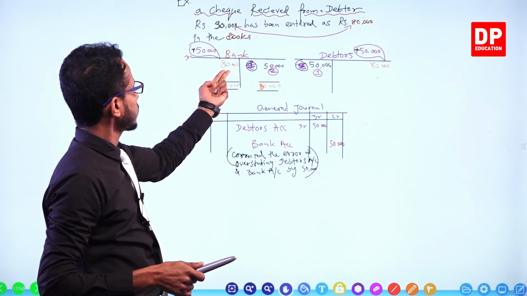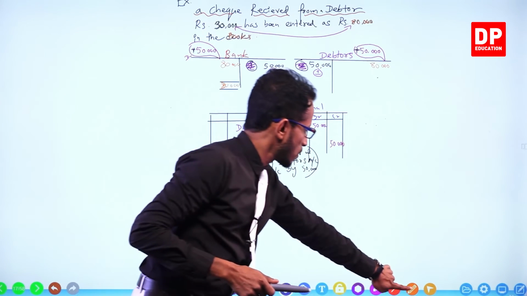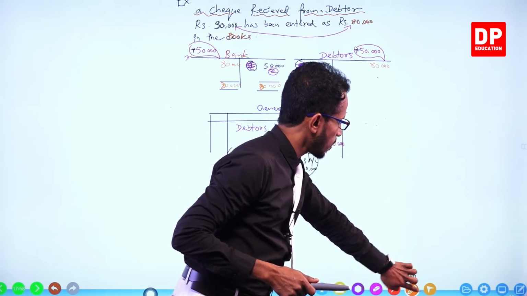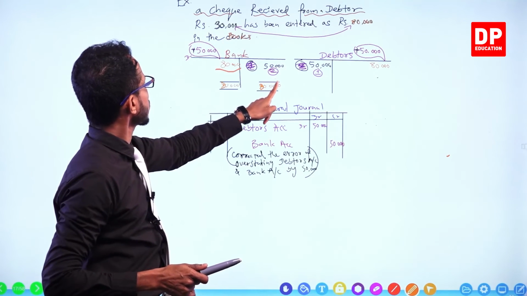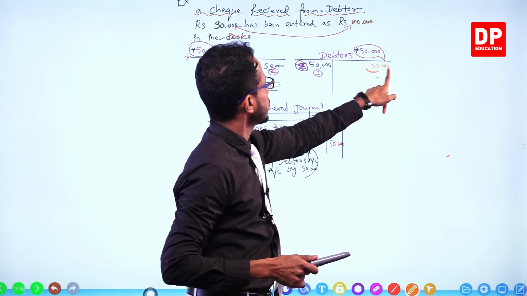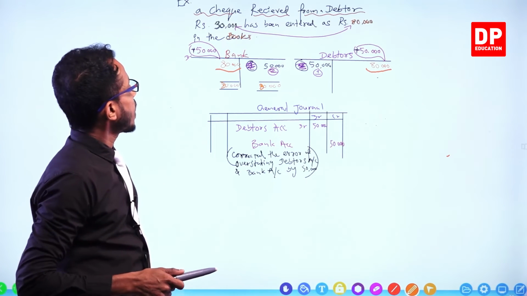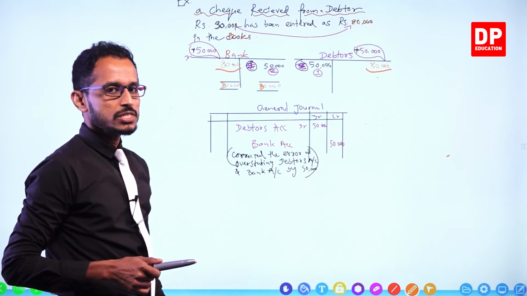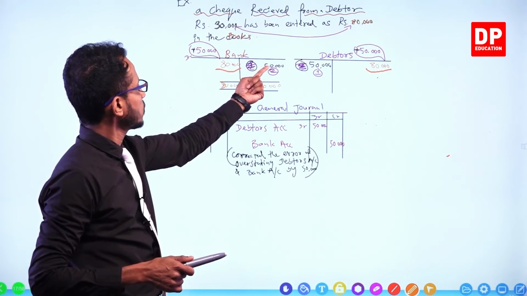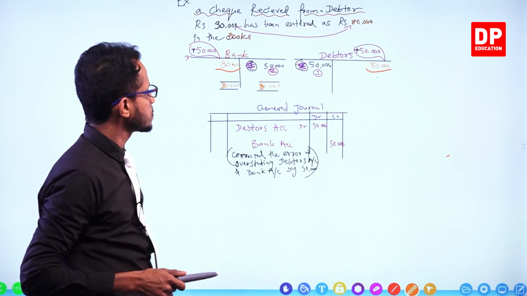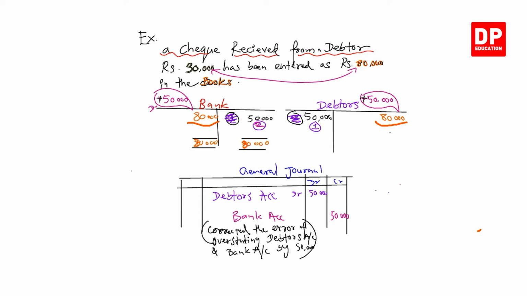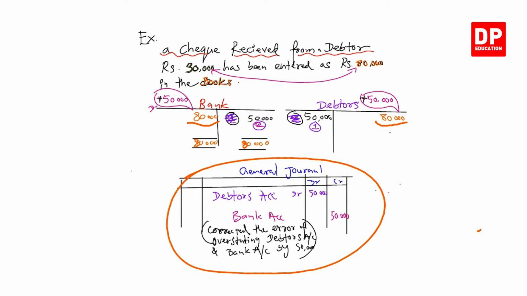Bank account is debited with 80,000 and debtors account is credited with 80,000. And how the correction was done: 50,000 credited to bank and debited to debtors. Here you go. This is the way you correct the error and show it in the general journal.